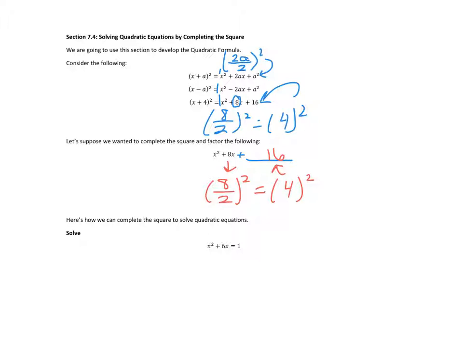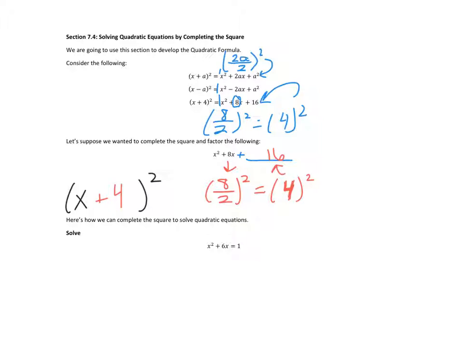Sometimes we can just look at x squared plus 8x plus 16 and see that it's x plus 4 all squared. Alternatively, the 4 we get when we divide the middle coefficient by 2 is what completes the binomial: x plus 4 all squared.